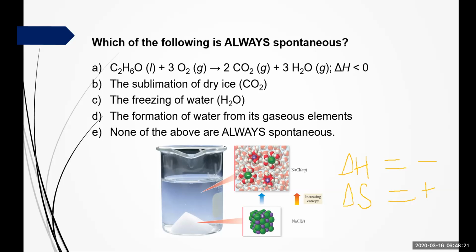Sublimation of dry ice, that's definitely a positive delta S. Freezing of water, that is definitely a negative delta S as it goes from being a liquid to a solid. Formation of water from its gaseous elements, so that's H2 plus O2 going to H2O.